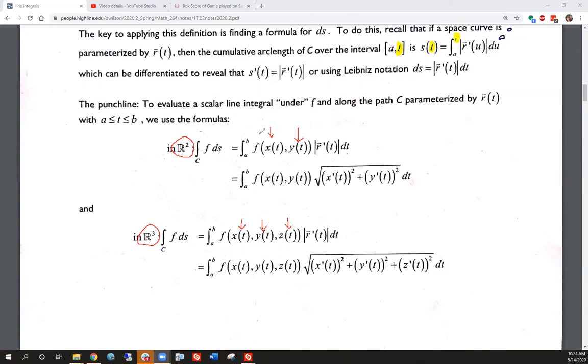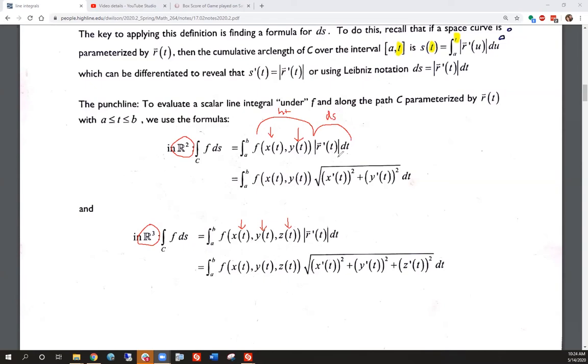So what's going on here is that we have f. This is our height, so all this stuff is the height. And then the magnitude of r prime of t times dt, that's our ds.